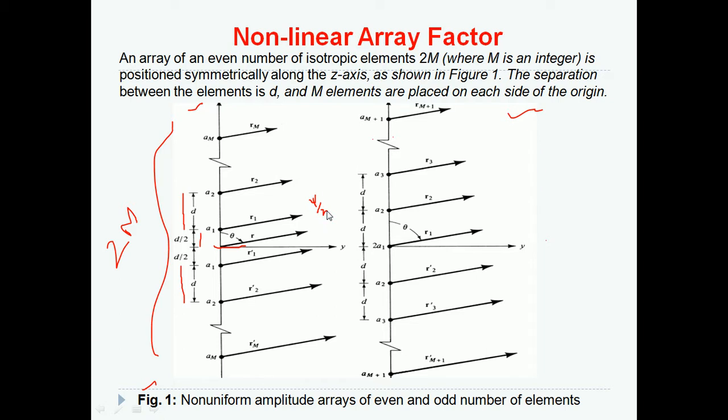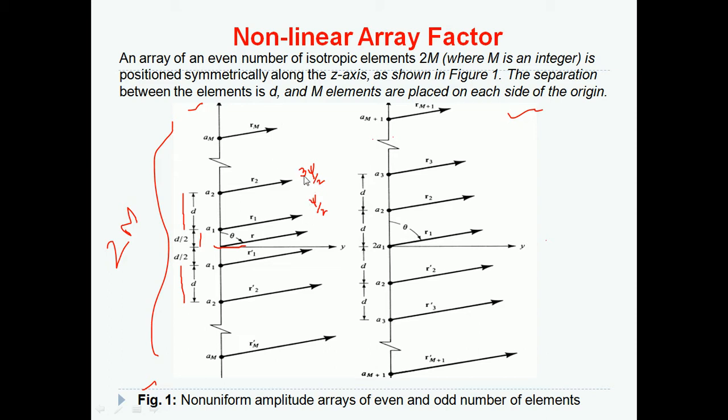This is the phase difference of radiation from A1. Now as you move further to A2, we find a phase difference of 3 psi by 2. That is, A2 from the origin is at a phase of 3 psi by 2.